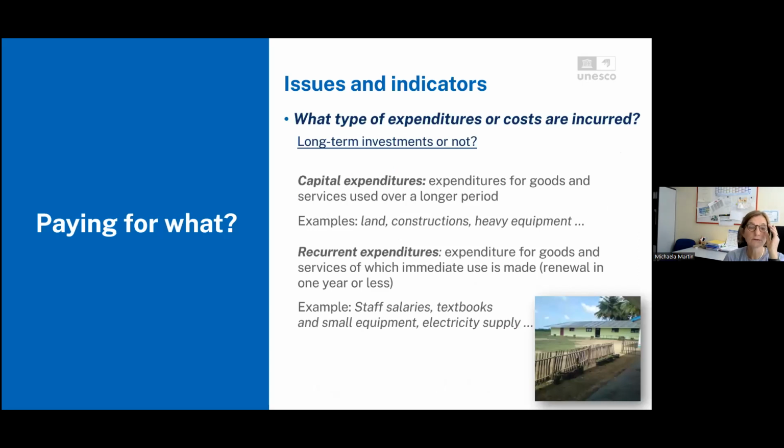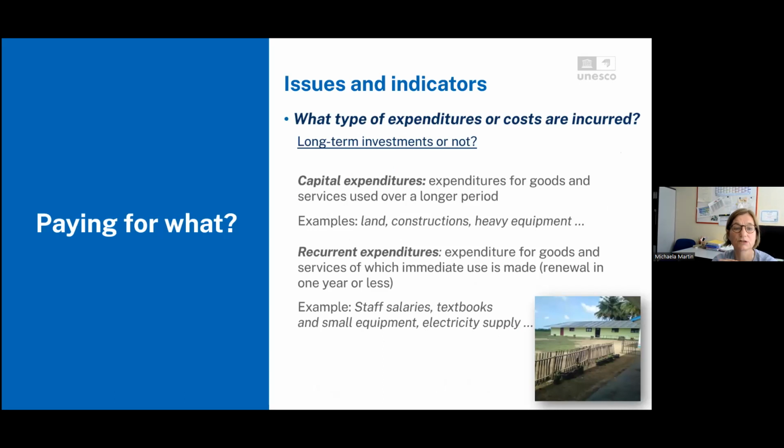And also, again, paying for what type of expenditure and cost are incurred? Is it long-term investment or not? So this brings with it the question of the share of educational funding that goes to capital expenditures.